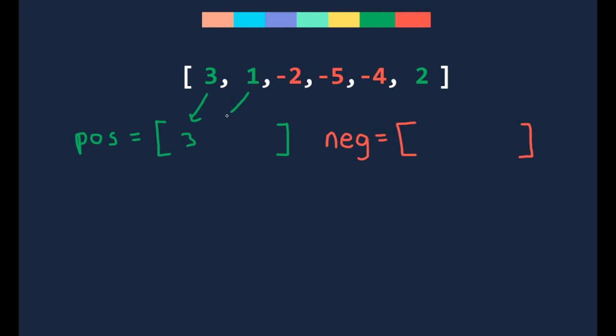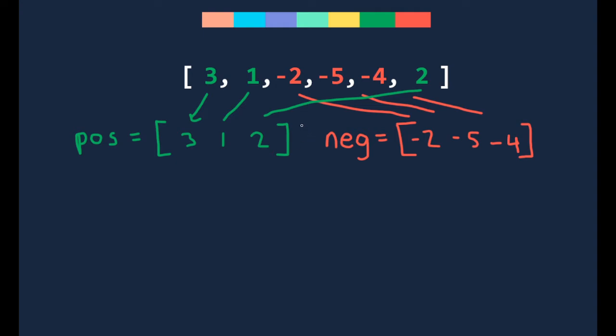We took 1 and placed it here. We took -2, put it here, -5, -4, and then finally 2 into the last spot in the positive array.